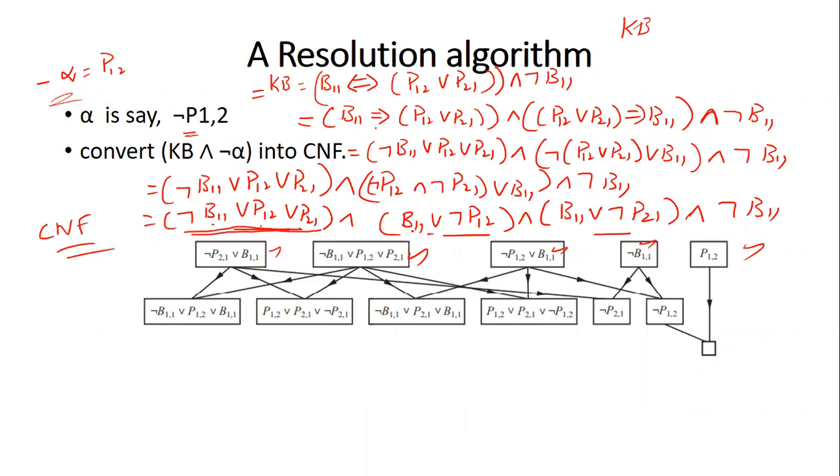Say you can apply resolution between this and this. What will happen? Here you have not P12, here you have P12. So those two things will get cancelled. So what you will get? You will get not B11 or P21.